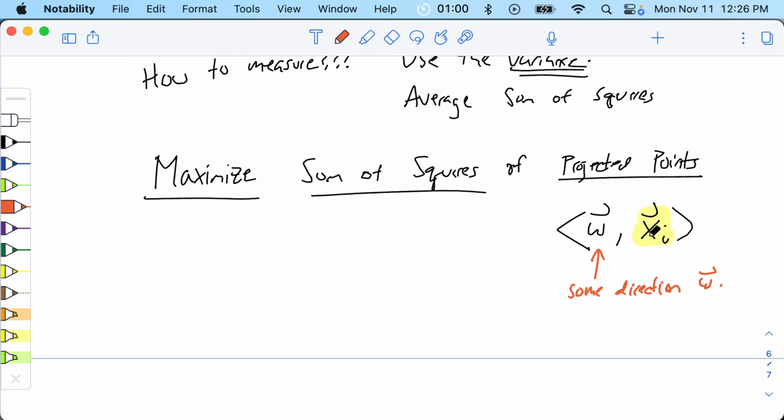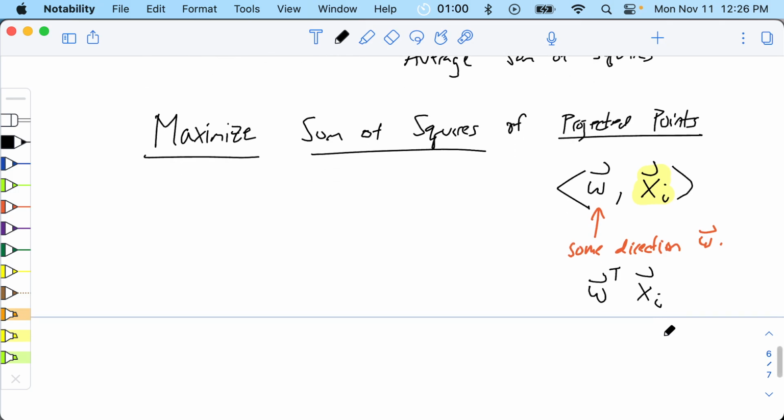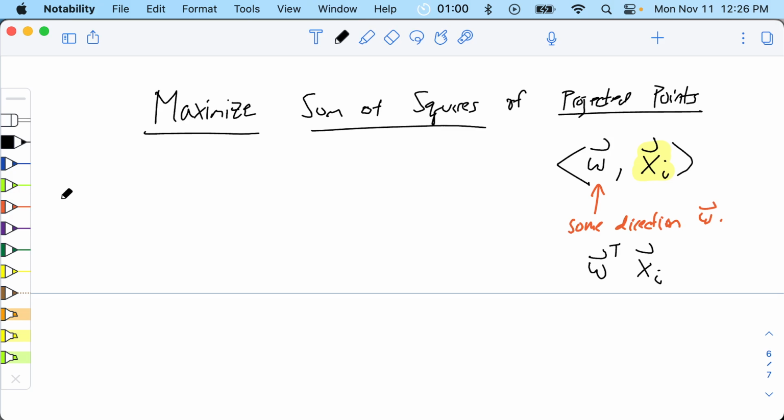The dot product you can write as a vector product: w with xi is w transpose times xi. You think of xi as a column vector and w transpose as a row vector. That is the dot product. Now we want to do the sum of squares, let's call that the SOS.